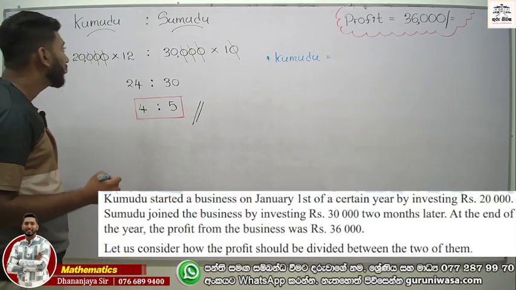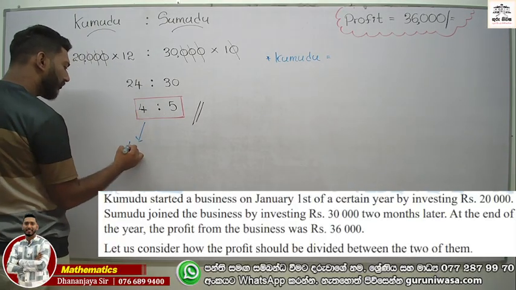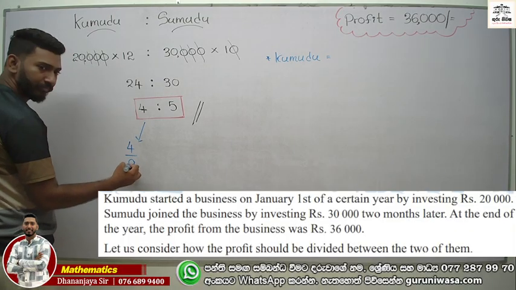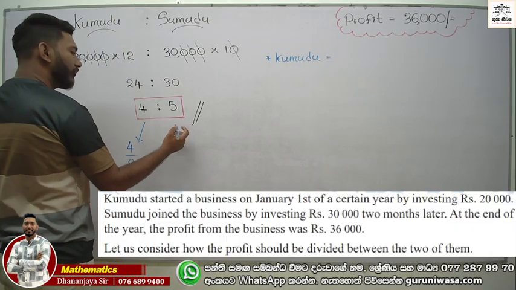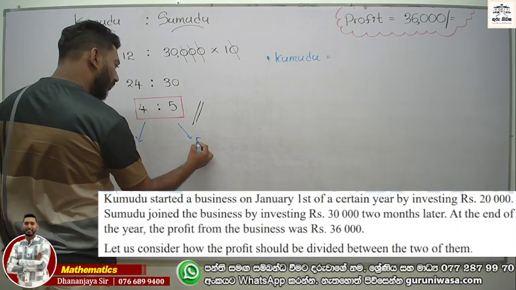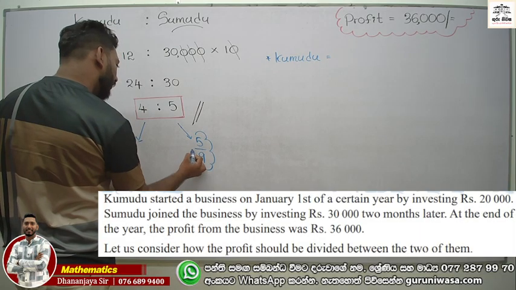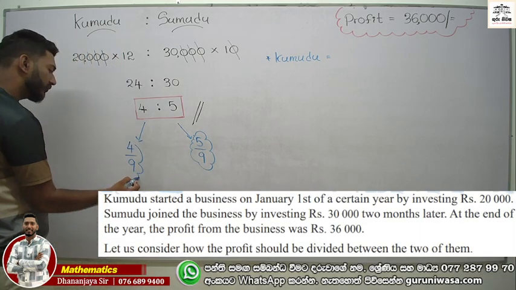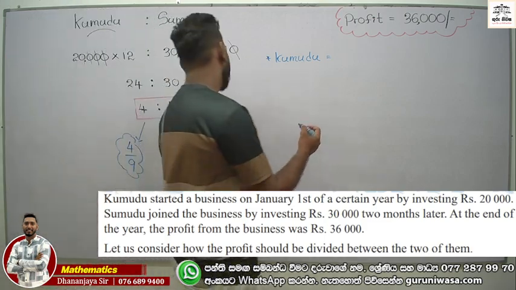What is the fraction related to Kumudu? You know, 5 and 4 is 9, so 4 out of 9. As well as Sumudu, 5 over 9. And these are the relevant fractions for Kumudu and Sumudu. Now I'm going to calculate.